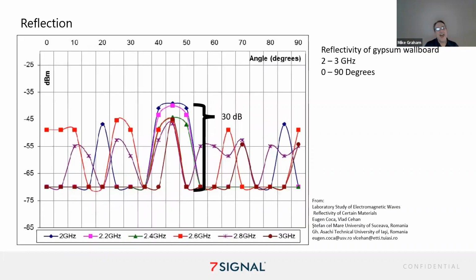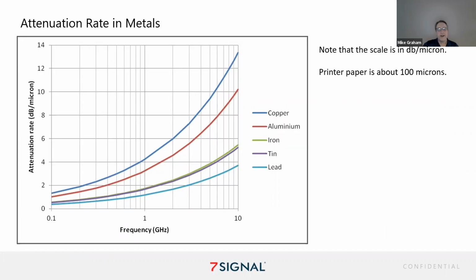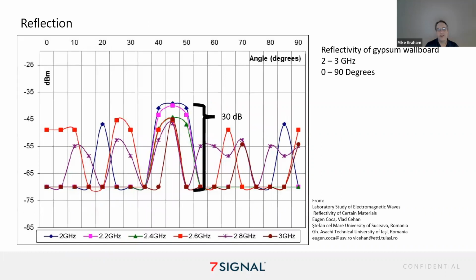All right. Our next topic is reflection. I was originally going to try to do one of these absorption-at-different-frequencies graphs for reflection. But I found this, and I'm going to give a little tip of the hat to these guys for their paper, Laboratory Study of Magnetic Wave Reflectivity of Certain Materials. They did a number of materials.